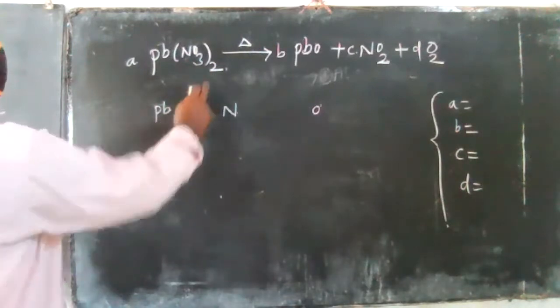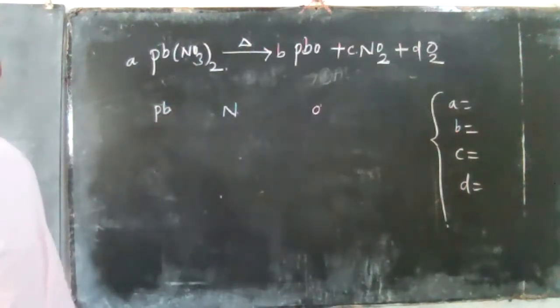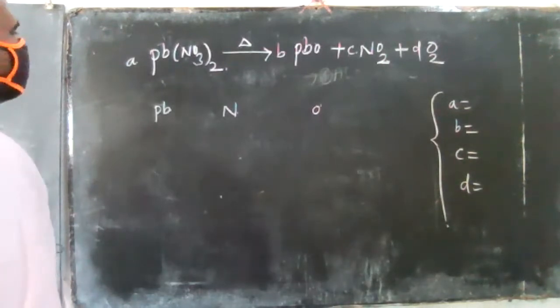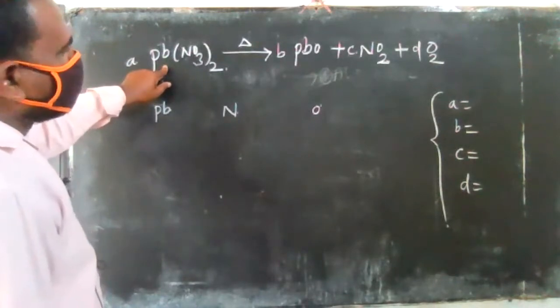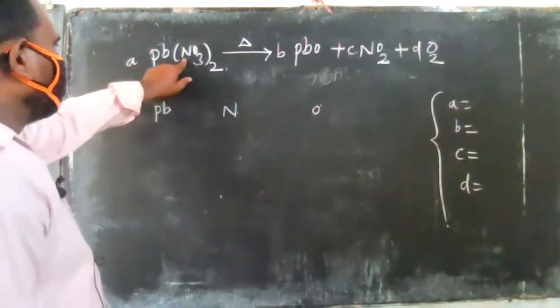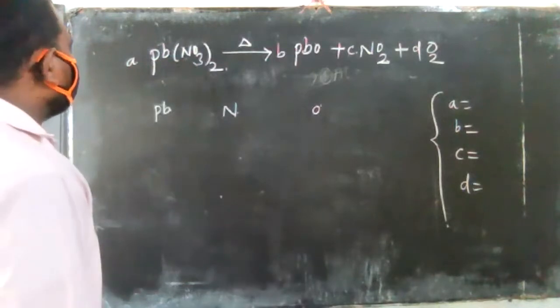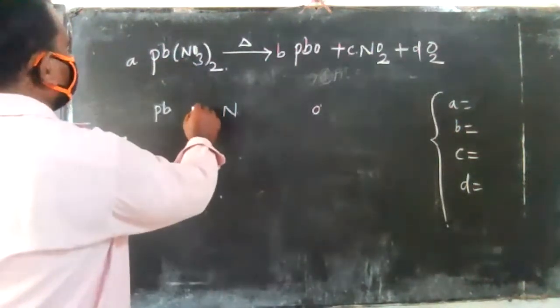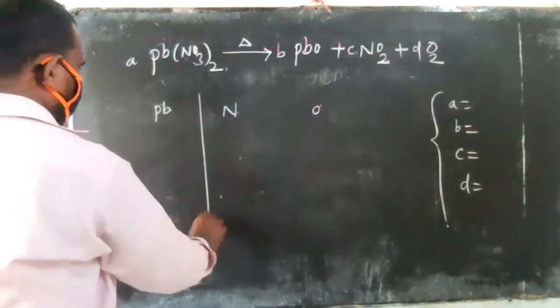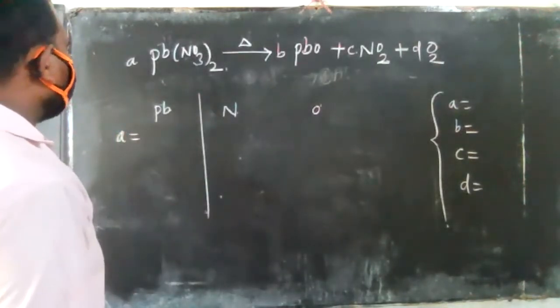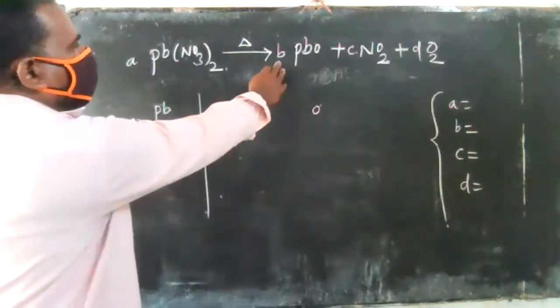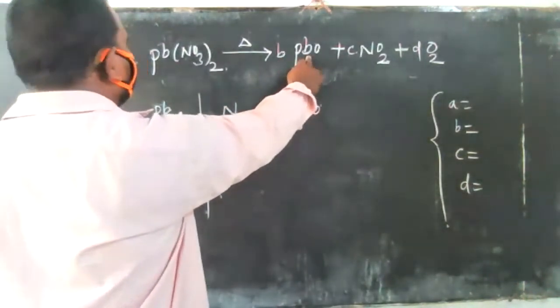These two do not belong to the lead; this two only belongs to the nitrogen only. So A only. Outside, only B there.